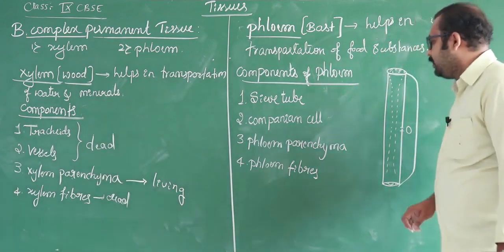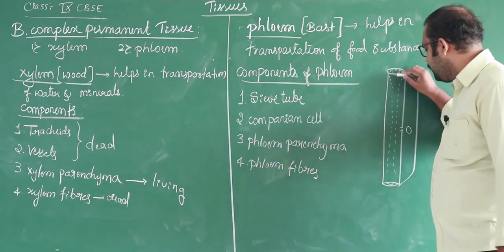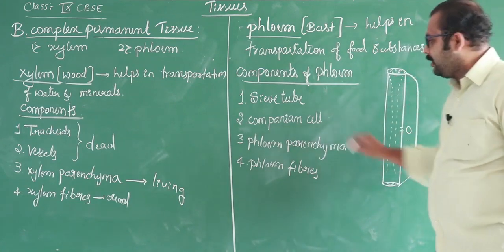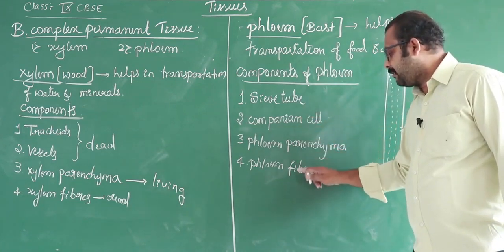Okay, we have written this is sieve tube, and beside is companion cell. Sieve tube, companion cell, phloem parenchyma, phloem fiber.